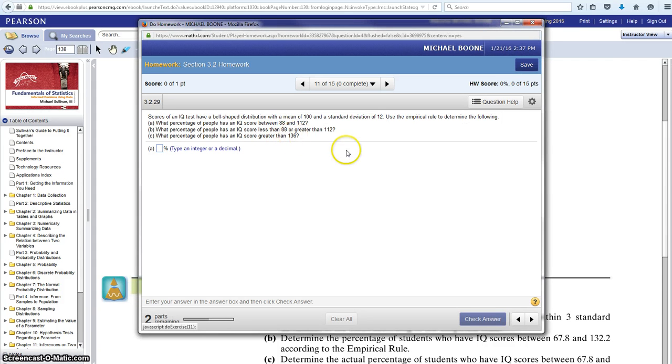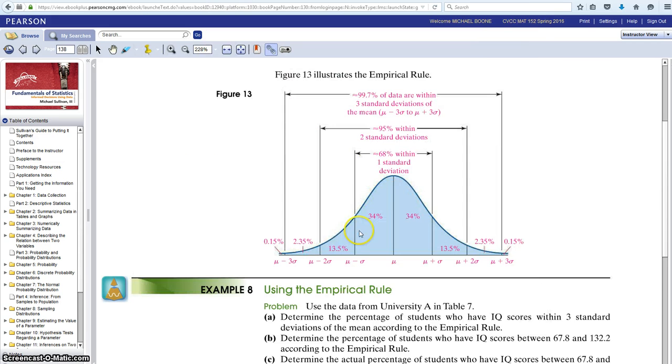Greater than 136, so now we're even breaking it up more. So that would be 3 standard deviations. If a standard deviation is 12, and the mean is 100, so we'd be 1 standard deviation, that's 112, 124, 136. We just want to know how much to the right.